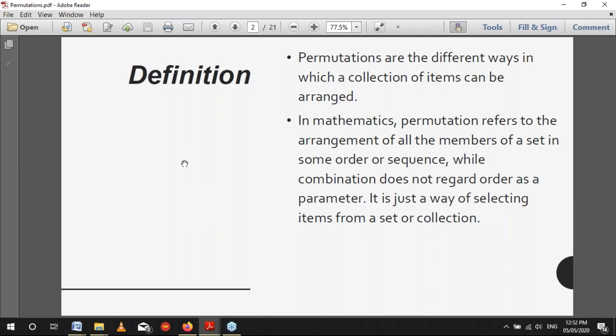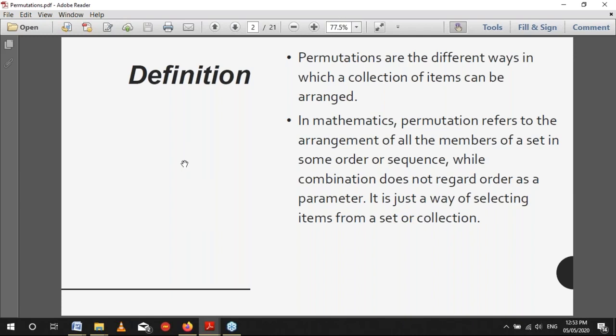While combination does not regard order as a parameter, it is just a way of selecting items from a set of collections. That is, combination does not regard arrangement of numbers as a parameter. So that is combination.